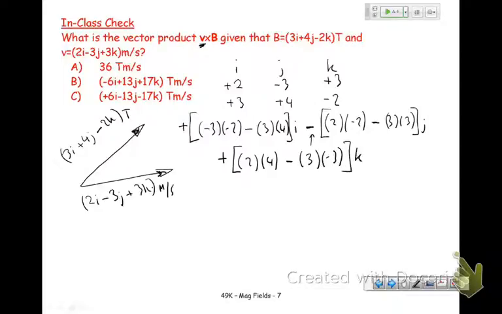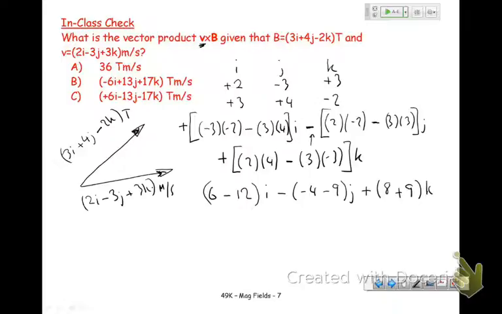Okay. So we're going to go 6 minus 12 I, minus 4 minus 9 J, plus 8 minus 9 K.